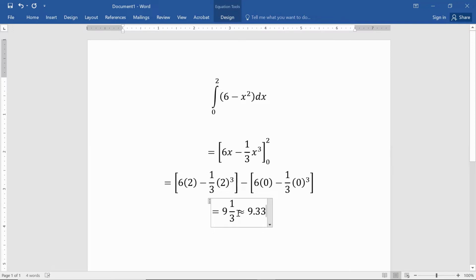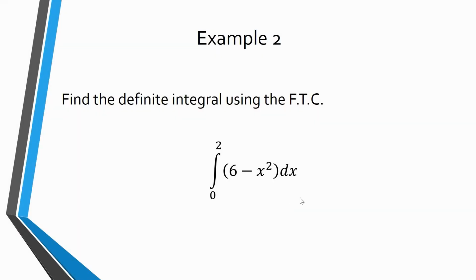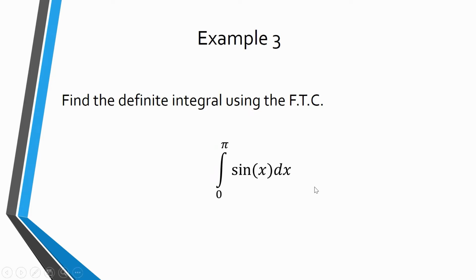If it asks you for the improper fraction, that would be 28/3. I believe, though, in Moodle, it's going to ask you for rounded to 2 decimal places most of the time. Now we've calculated this definite integral. We found out that the signed area is 9 1/3. And that is exactly what the fundamental theorem of calculus tells us.